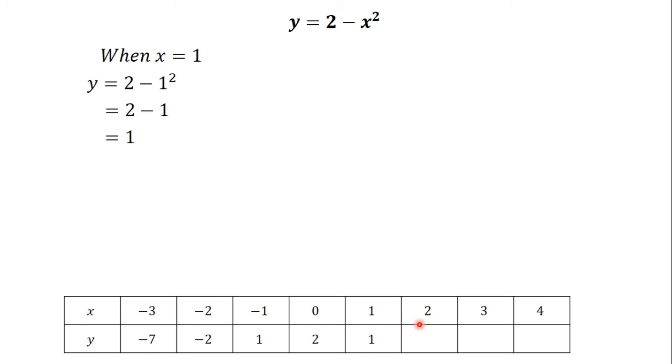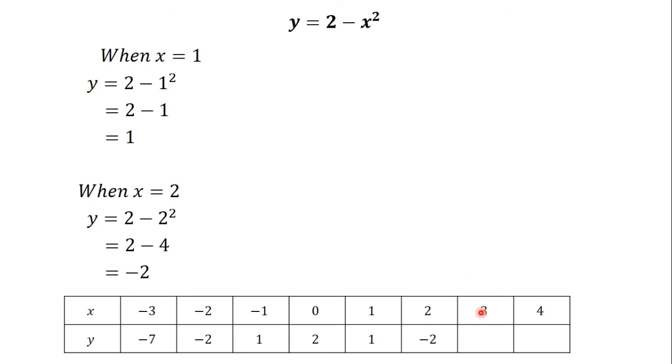The next x value is 2. When x is equal to 2, y will be equal to 2 minus 2 squared. 2 squared is 4. So 2 minus 2 squared will give us 2 minus 4. And 2 minus 4 will give us minus 2. So when x is 2, y is minus 2.